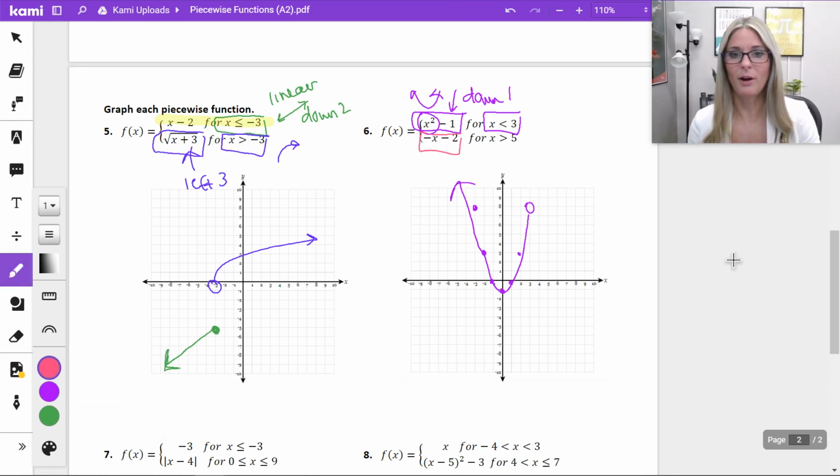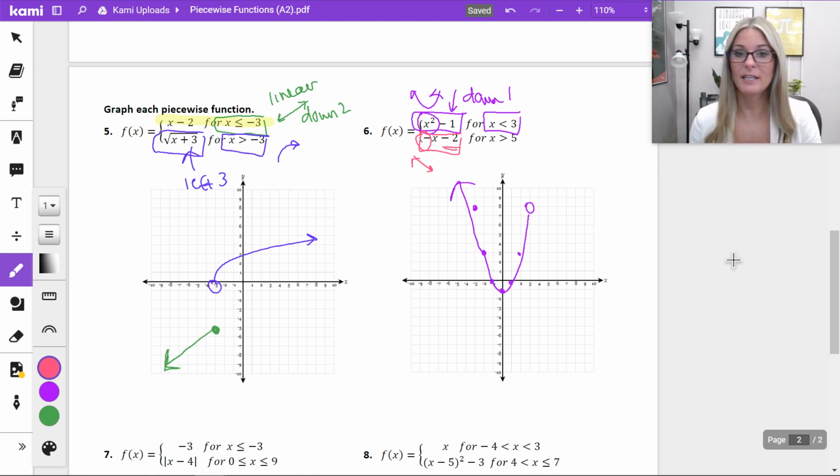For the bottom part of this piecewise function, we have f of x equals -x minus 2. What's the parent function? It's a linear function, but we have that negative in front. So you know this from like 8th grade math and Algebra 1, that this slope is negative. So let me switch my little doodle there. We should choose a downward sloping, down from left to right, linear function.